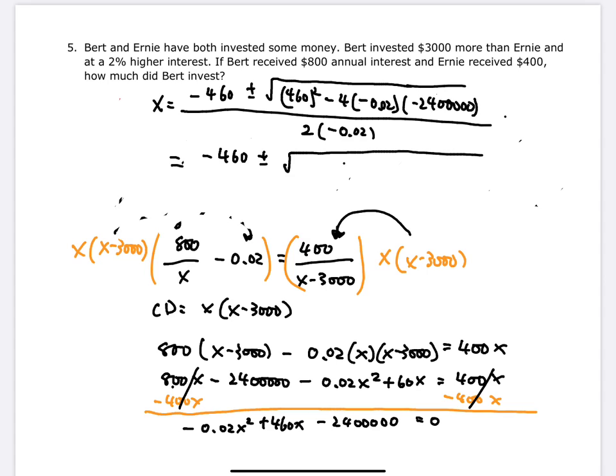Calculator says 460 squared is 211,600 minus 4 times 0.02 times 2,400,000, over negative 0.04.